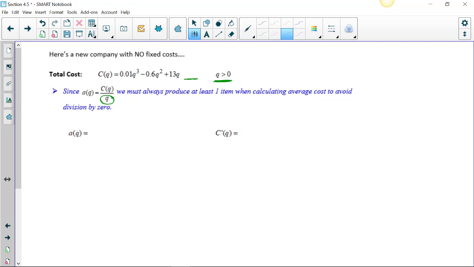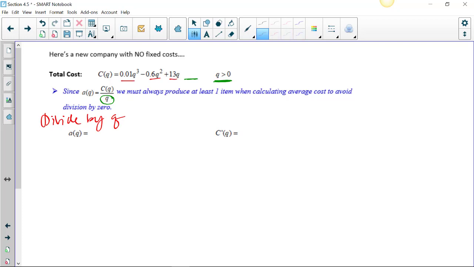Okay, so we have to produce at least one unit or item in order to talk about average cost. All right, so let's find our average cost function, which basically means divide by Q. So you're going to divide each term of your cost function by Q.